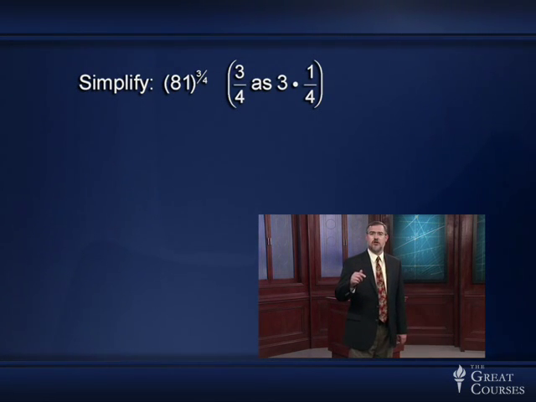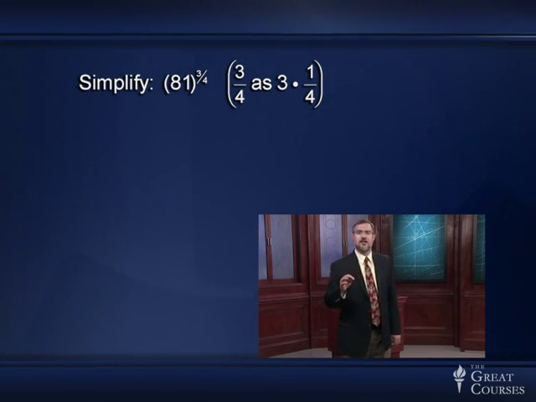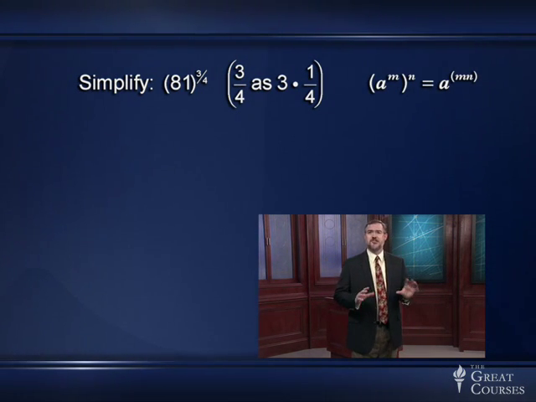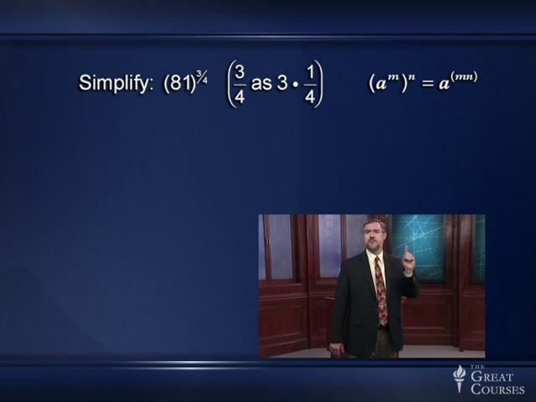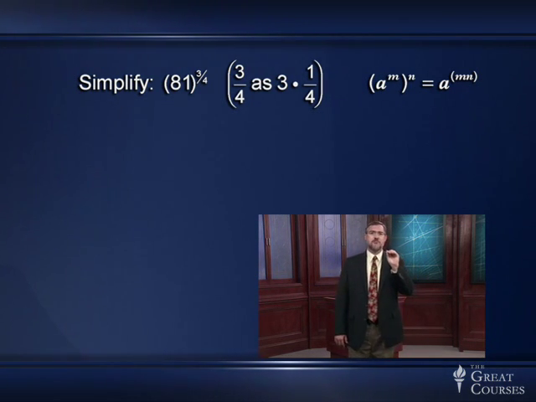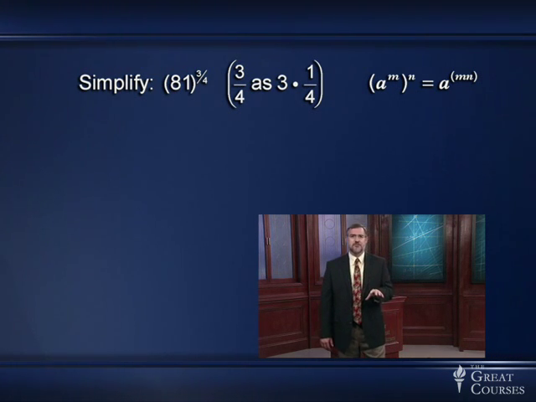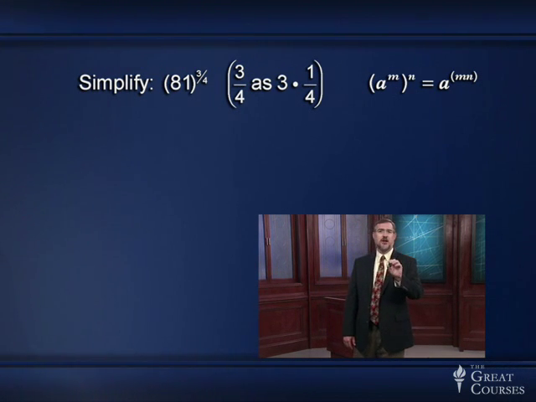And thanks to those laws of exponents, I can now say that a to the m raised to the n is equal to a to the m times n. So this problem of finding 81 to the 3/4 actually allows me two different plans of attack.